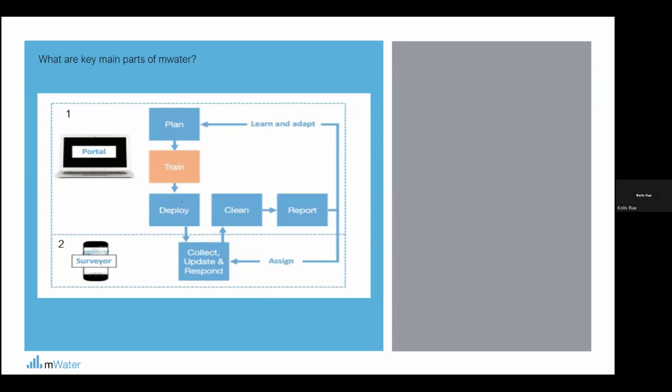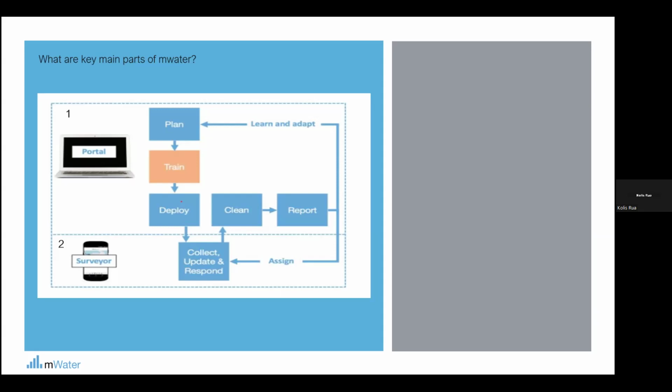So basically, mWater has two main components, the portal and the surveyor app. Like I said in my brief introduction, mWater was a platform that was basically just developed to do monitoring of water quality.